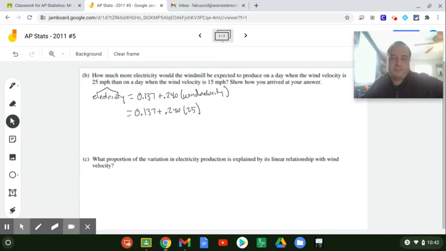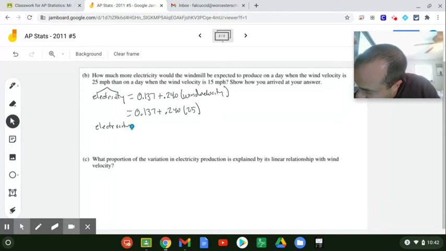I'm just going to do it by hand here, not on the screen, on my calculator. 0.137 plus 0.240 times 25 gives me a predicted electricity production of 6.137.